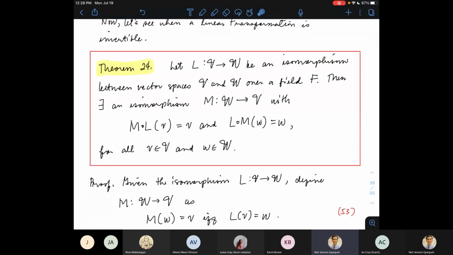Okay. Let's go to Theorem 24. Theorem 24 tells us about the existence of an inverse mapping, right? So let's see why.